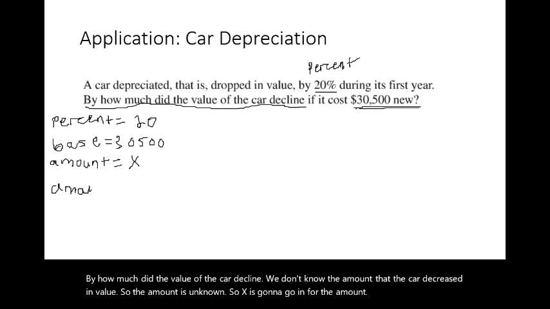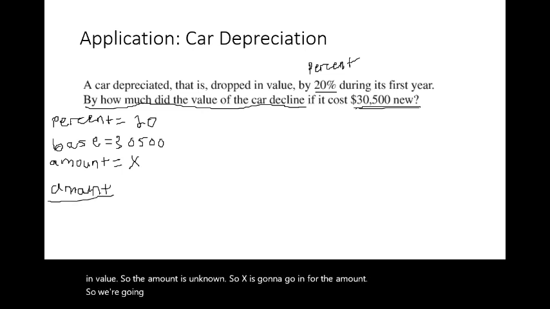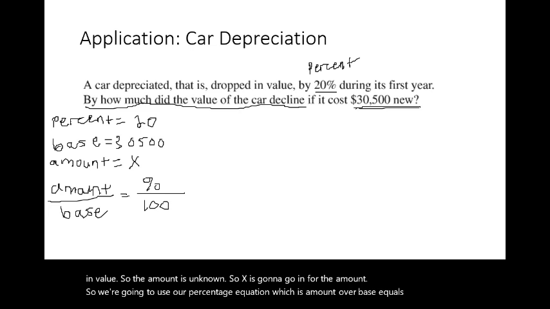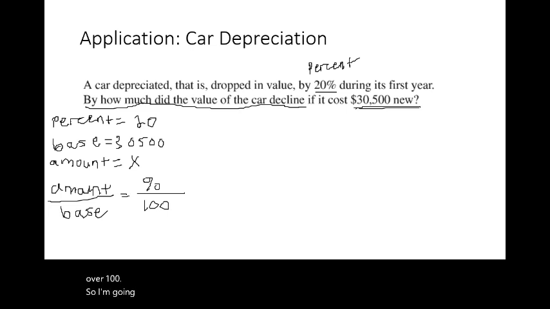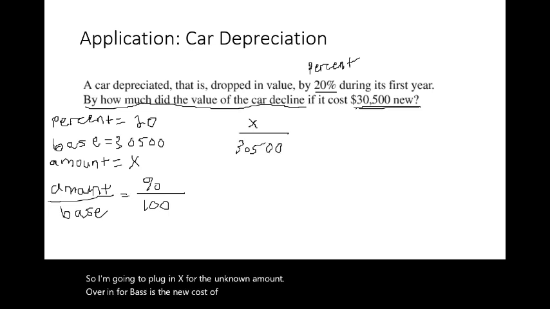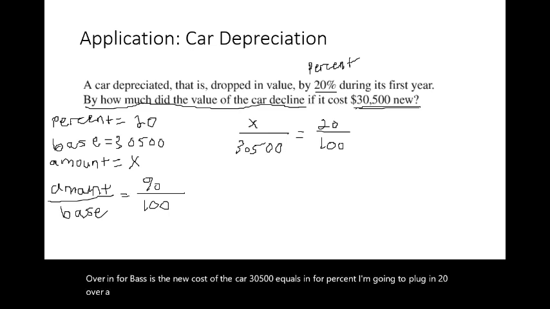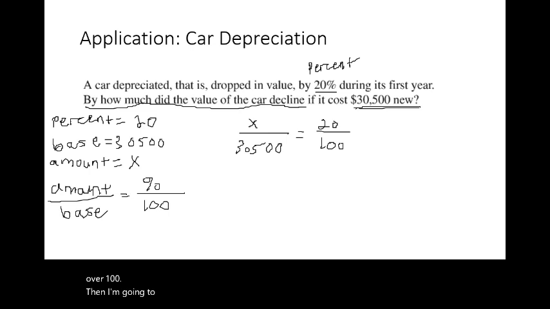So we're going to use our percentage equation, which is amount over base equals the percent over 100. So I'm going to plug in X for the unknown amount, over, in for base is the new cost of the car, $30,500, equals, in for percent, I'm going to plug in 20 over 100. Then I'm going to cross multiply, so 100 times X is 100X.